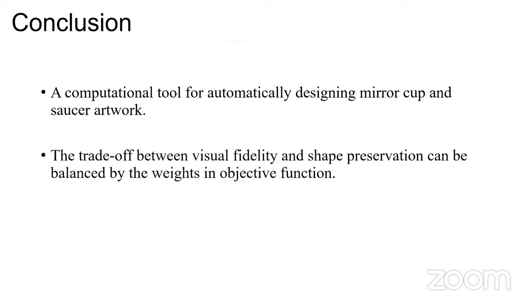To balance the trade-off between visual fidelity and shape preservation, our system allows users to adjust the weights in the objective functions. For example, large weights can reduce surface deformation while allowing greater image difference. We have demonstrated the capability and the practicality of our method on an extensive set with 46 examples.